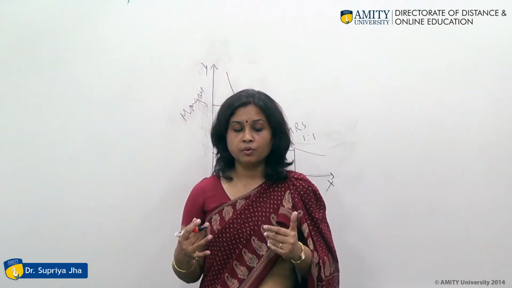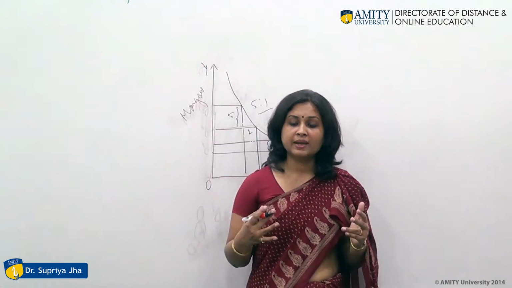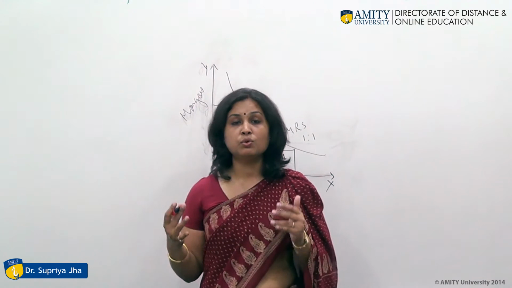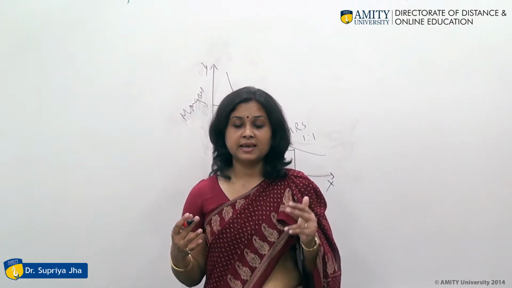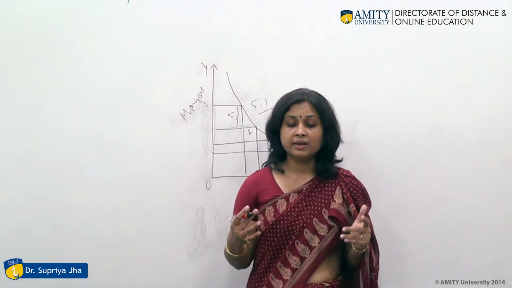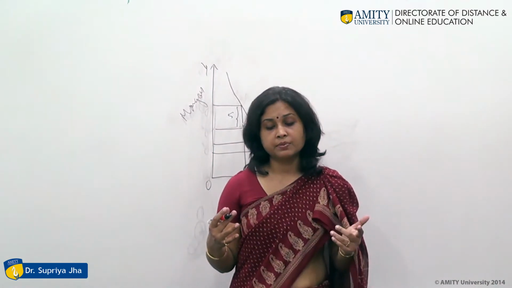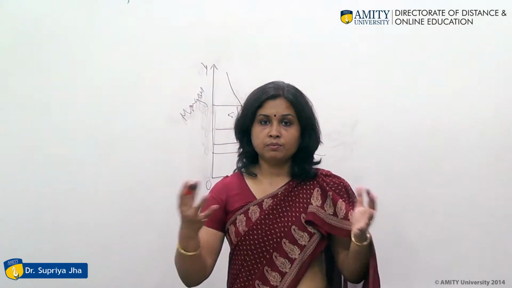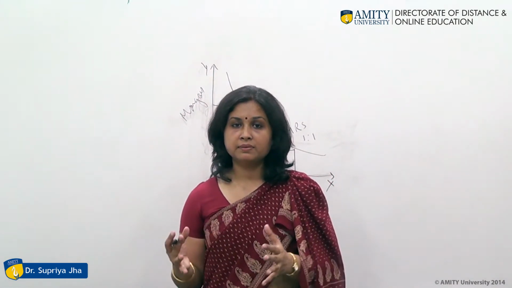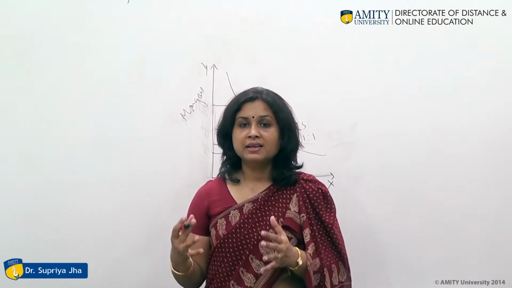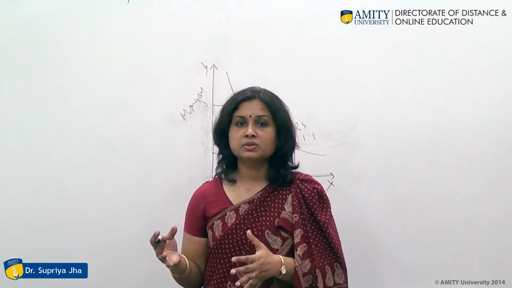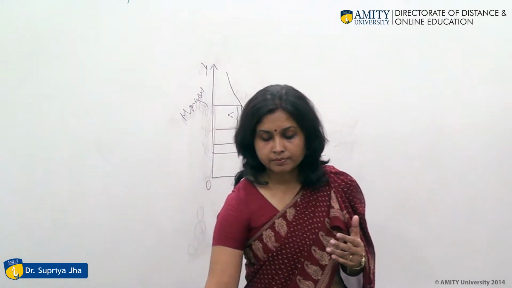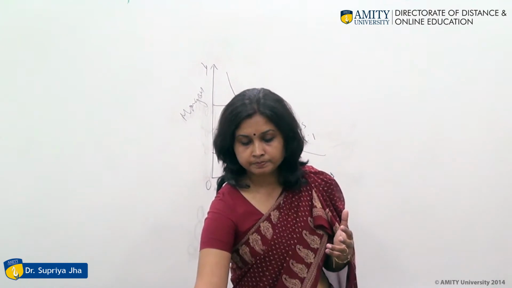As the consumer has more and more of good X, he goes on losing interest therein, and he is prepared to give less and less of the other product Y for it. Having more of a product, he will be more satisfied or lose interest in that product, so he will be ready to give up those products.